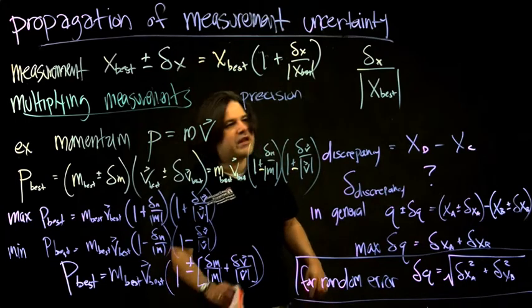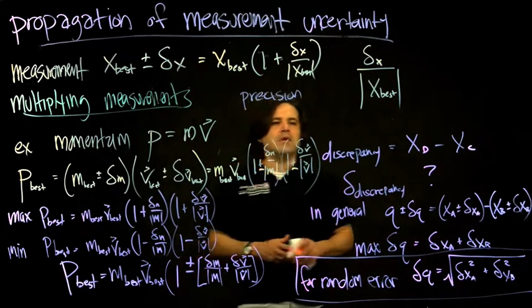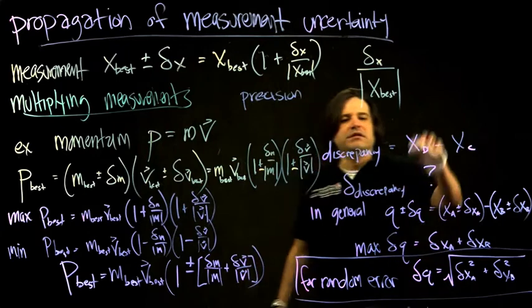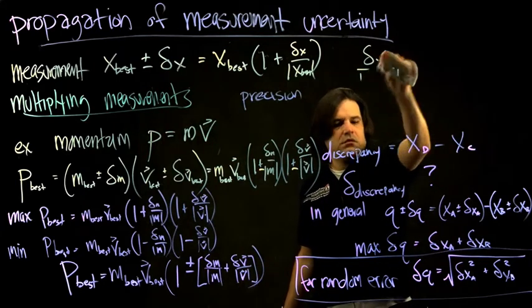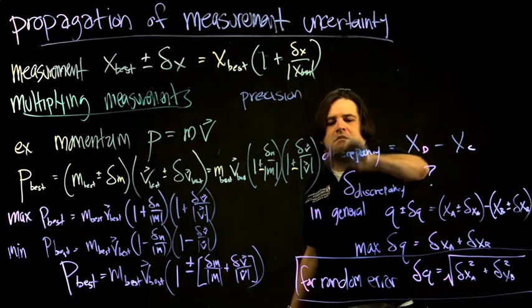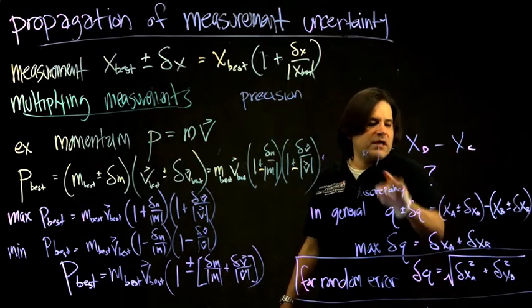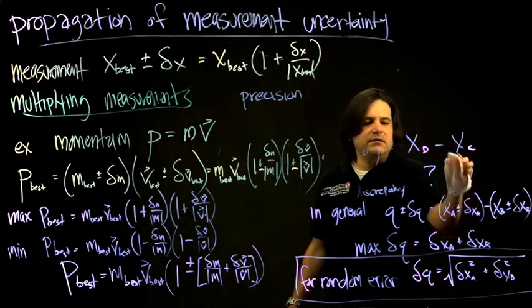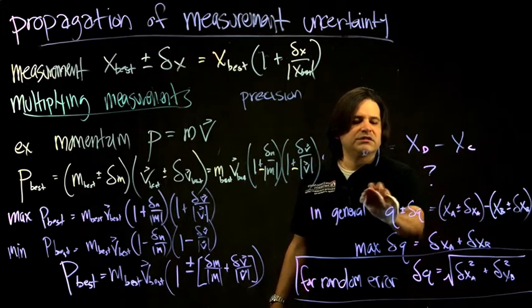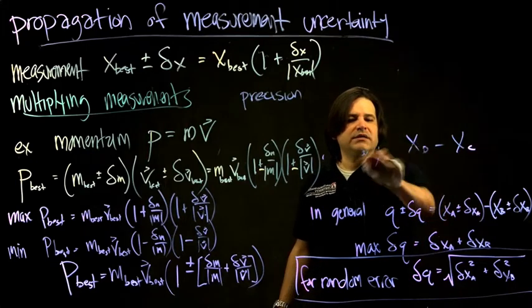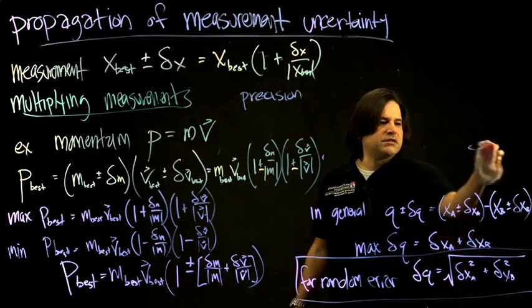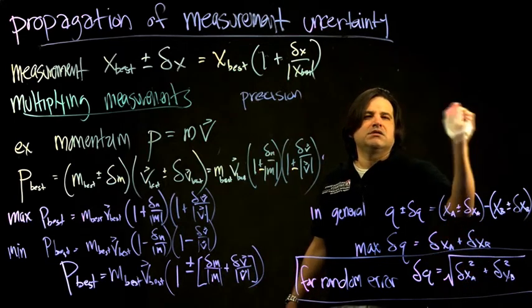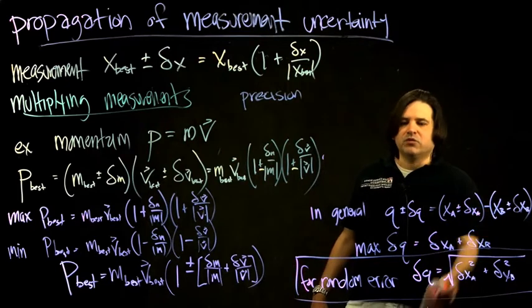So we can write that into a rule based on the fractional uncertainty. We first had a rule for subtracting or addition. It's the same thing, adding or subtracting is the same in terms of what we do. We take the sum of the squares, the square root of the sum of the squares.